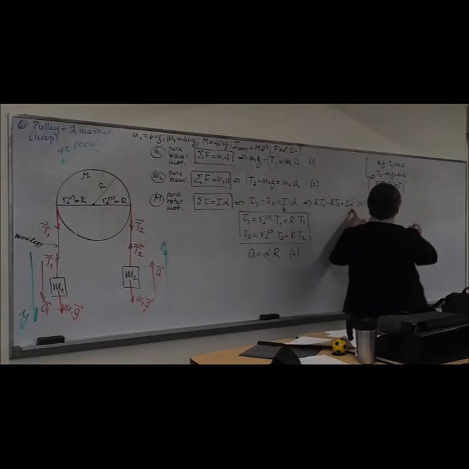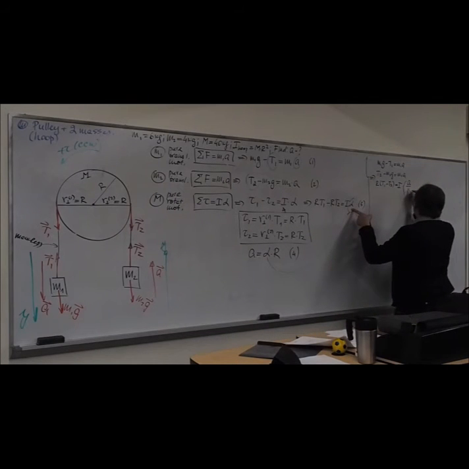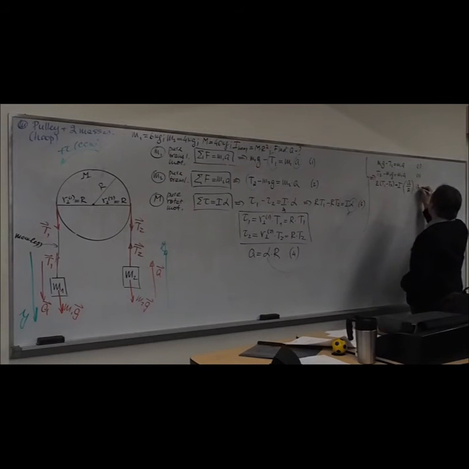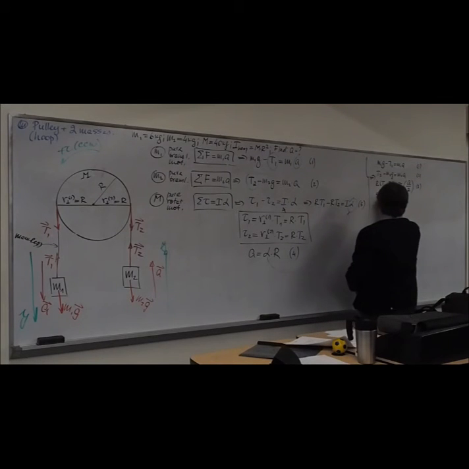So it will be A over R. So 1, 2, 3, right? 3 equations plus 3 unknowns. So the rest is algebra.